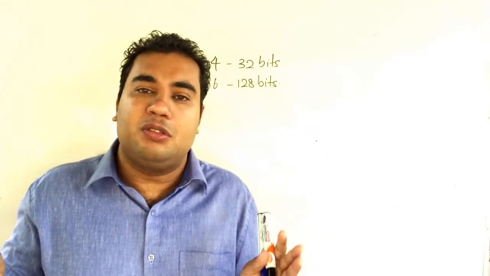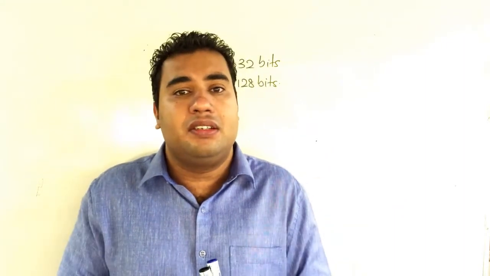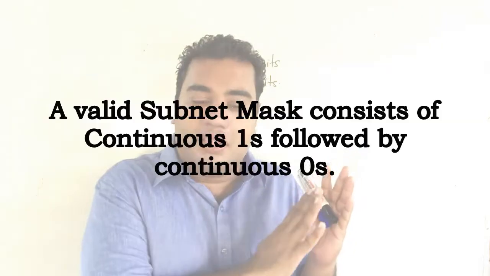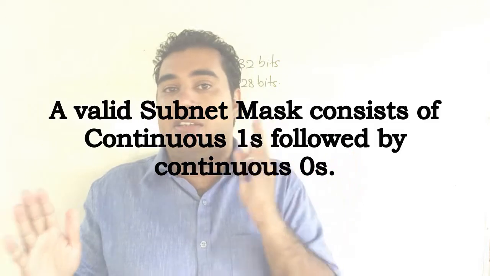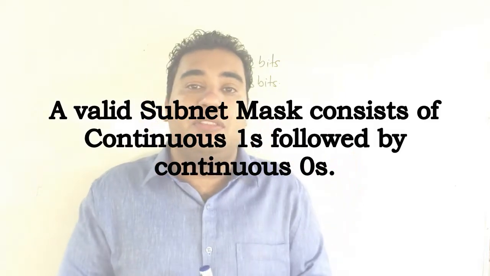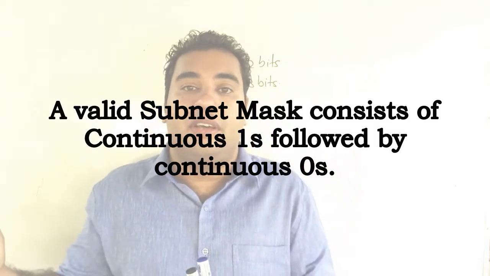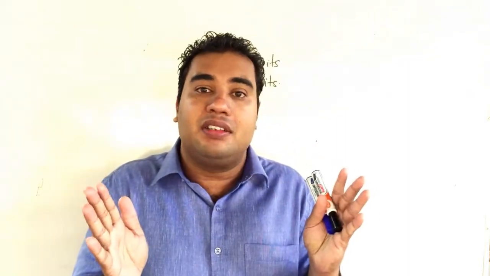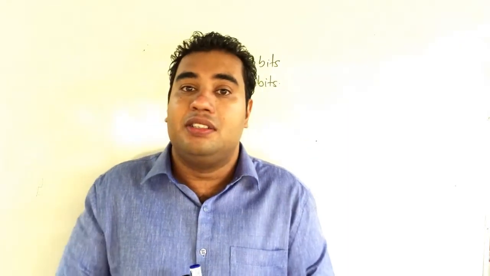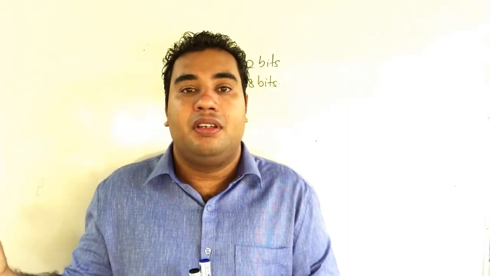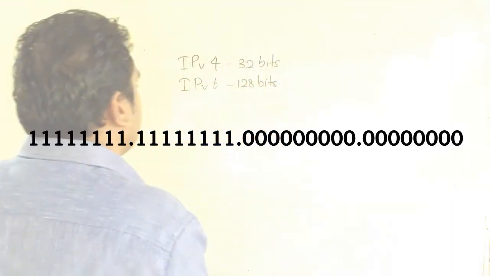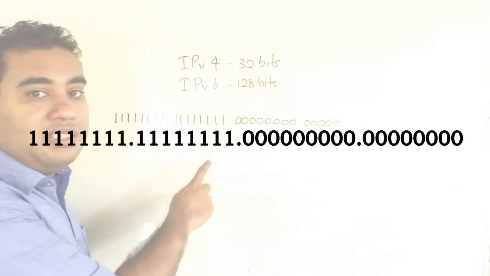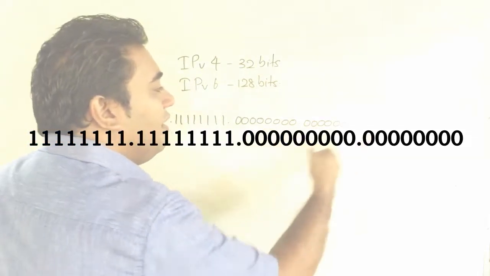A subnet mask also is a 32-bit long address, and it consists of continuous ones, and after that some continuous zeros. There cannot be any zeros within the ones of the address, and there cannot be any ones within the zeros of the address. So it is something like this. There cannot be any zeros within these ones, and there cannot be any ones within these zeros.